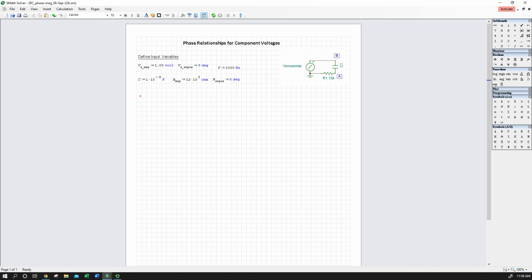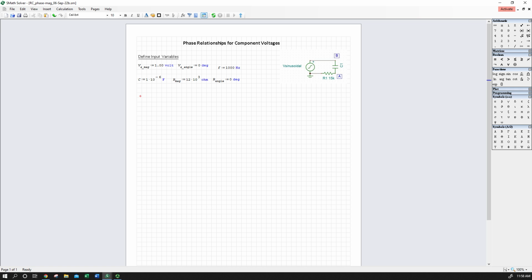So I need an X sub C, and of course it will have a magnitude and an angle, and I might want to express my reactances, my impedances, in both polar, magnitude, angle, and in rectangular coordinates, real, imaginary, depending on whether I want to multiply them or add, subtract them.